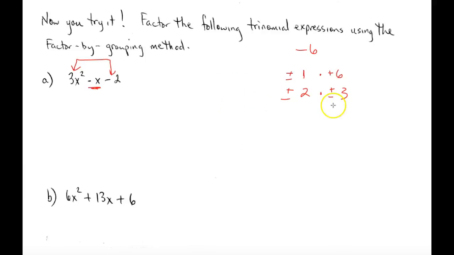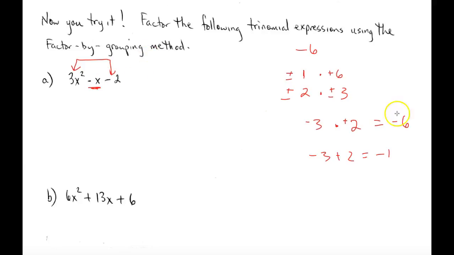All right, so if we look, we know that 2 and 3 have a difference of 1. So the factors that we could use would be a negative 3 and a positive 2. Okay, because a negative 3 and a positive 2 here would give us the negative 6 that we're looking for. But also, if we add these together, we get the negative 1 that we're looking for.